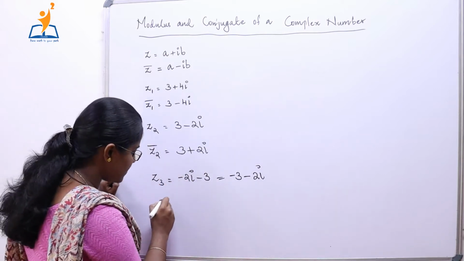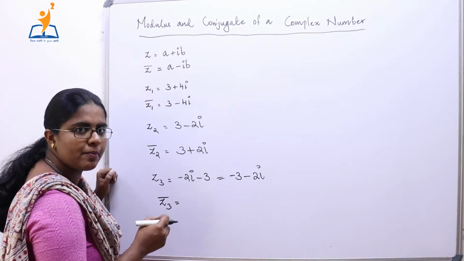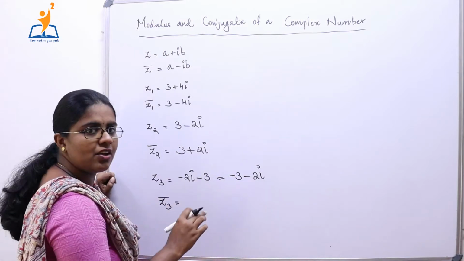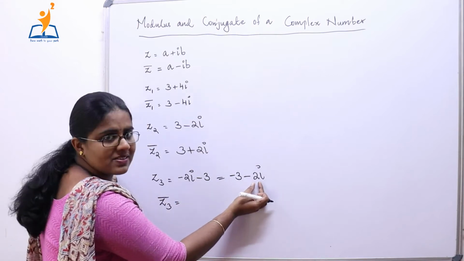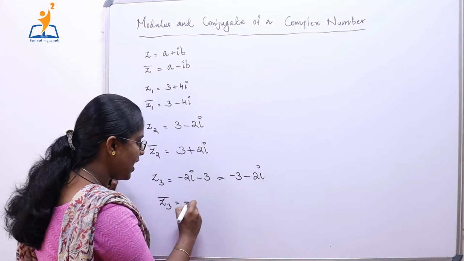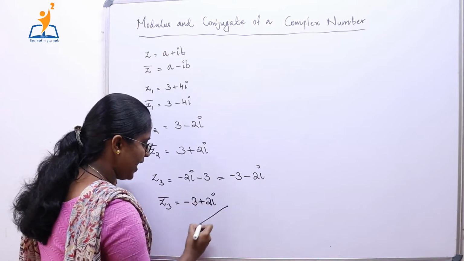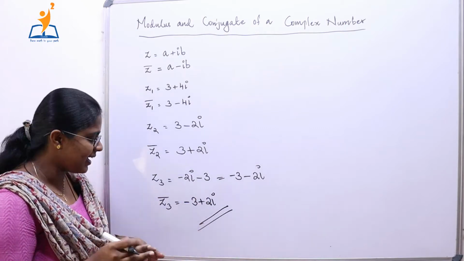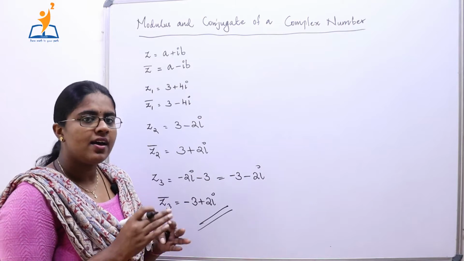Now we want to find its conjugate. For finding the conjugate of this particular complex number, we have to change the sign of the imaginary part. We have minus 2 here as the imaginary part. So the conjugate will be minus 3 plus 2i. Hope it is clear what is the conjugate of a complex number and how can we find the conjugate of a complex number.